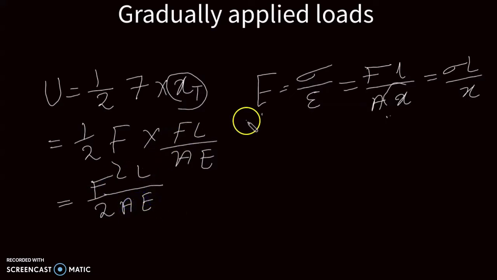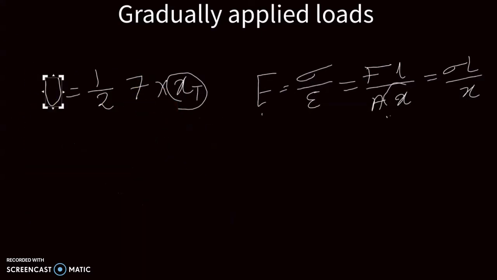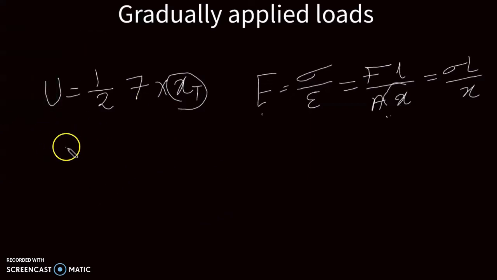We are now expressing our formula in terms of force. Let's say you are not given force, but you are given the stress. You can also manipulate the formula to express it in terms of what you are exactly given. So in this case, we want to express the formula in terms of stress. We are going to say half.